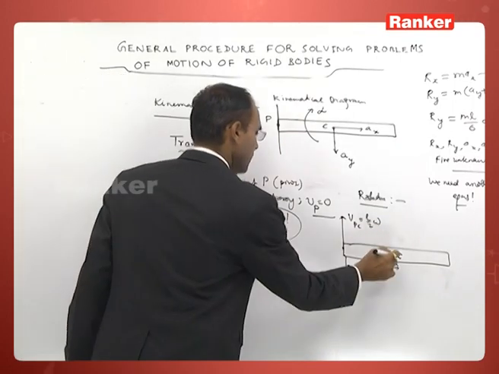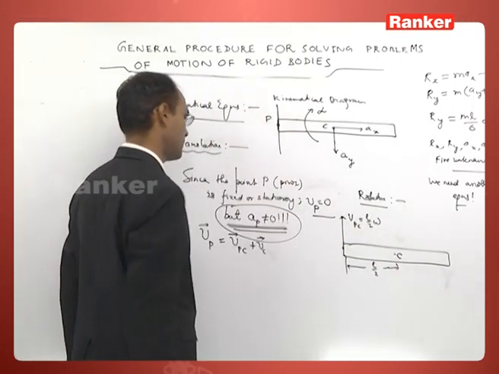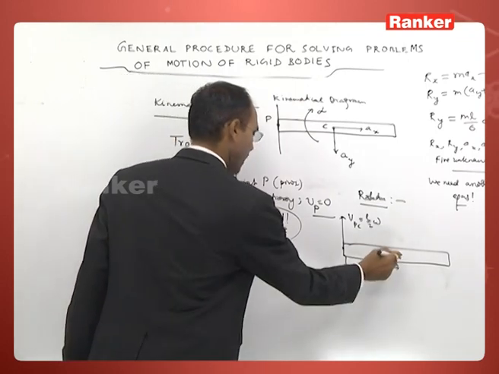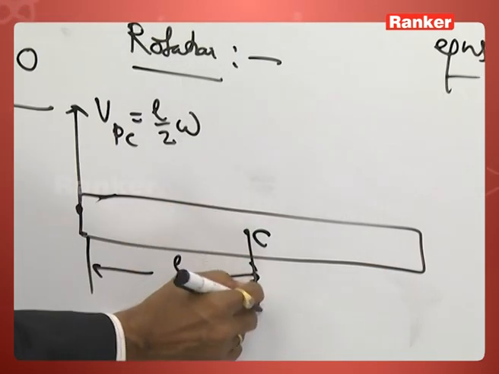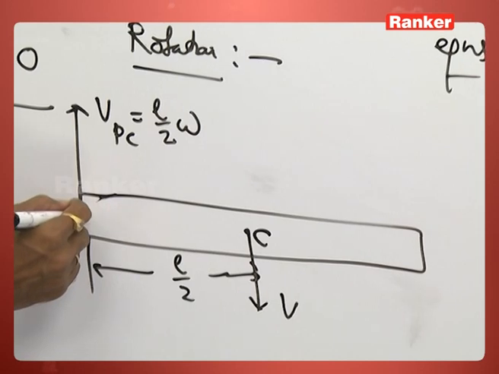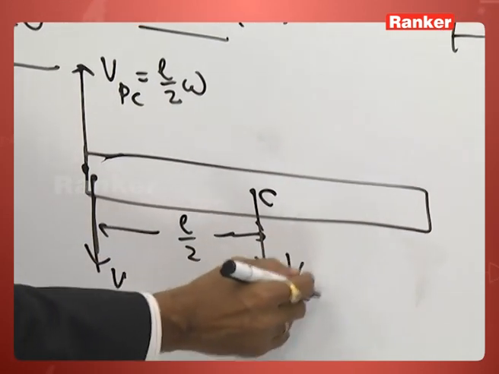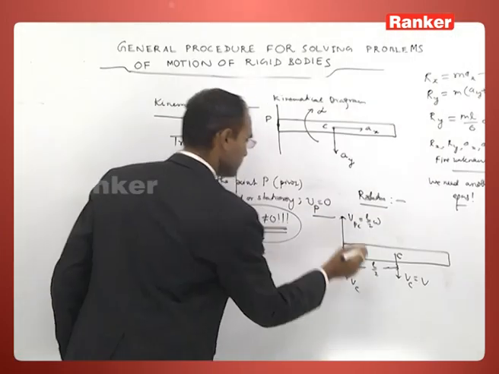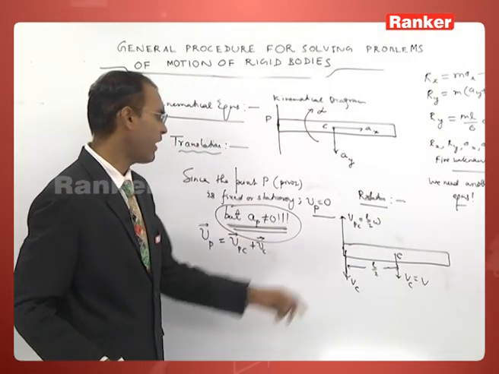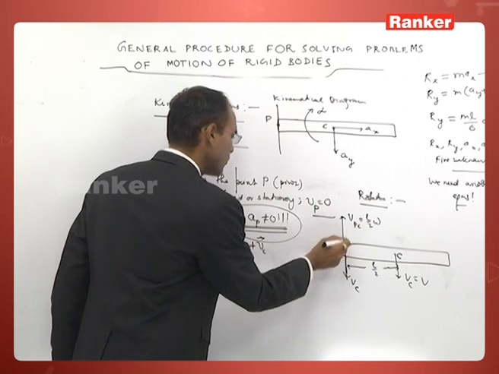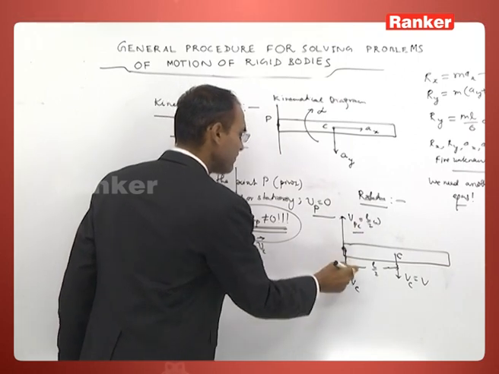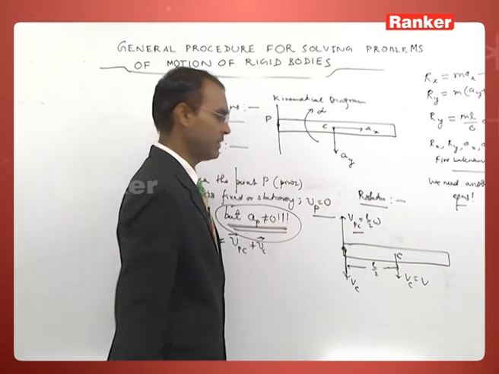And if we assume that the center of mass moves down, VC is down, bring the velocity of center of mass to this point. So when you bring the tails of these two vectors to a point, VPC and VC are oppositely directed.